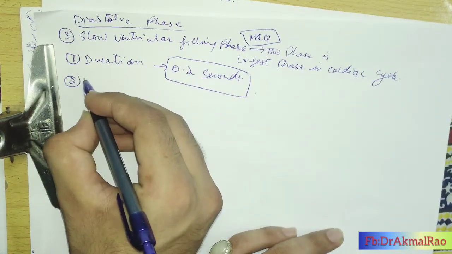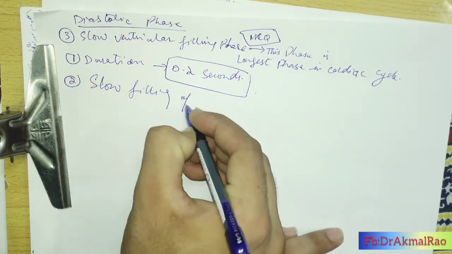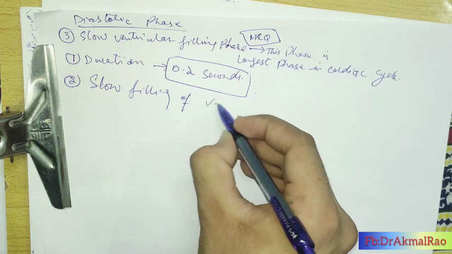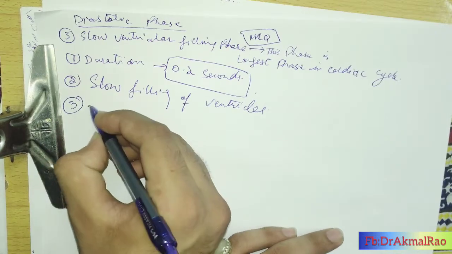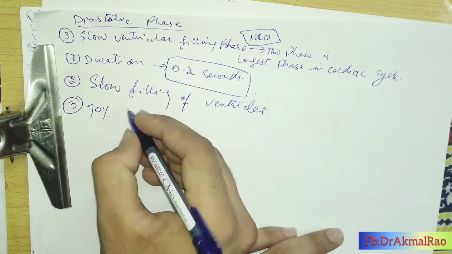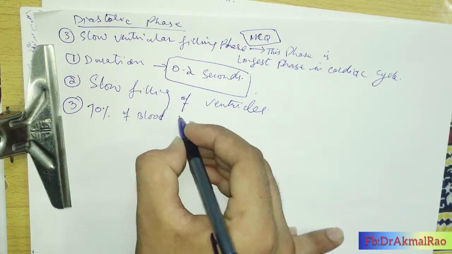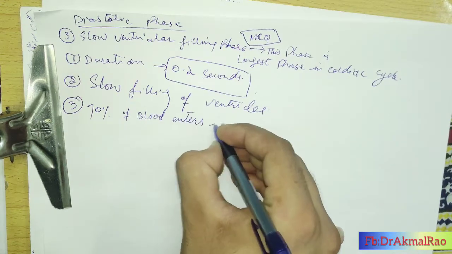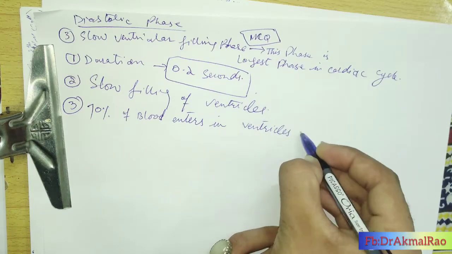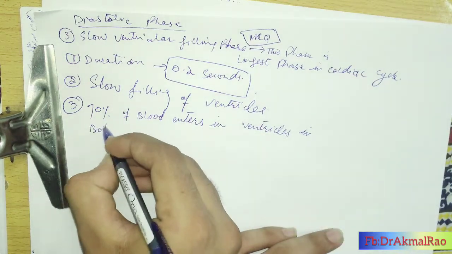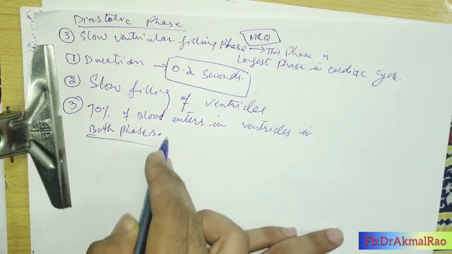The second point is slow filling of ventricles. The third point is 70% of blood enters the ventricles in both phases. Which two phases?